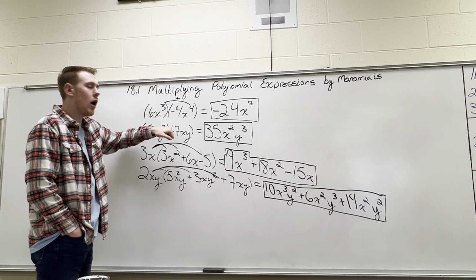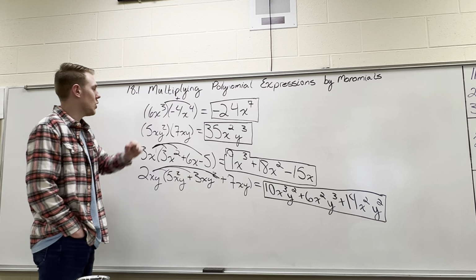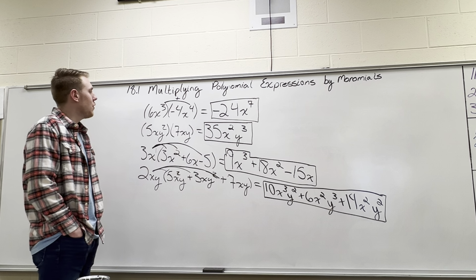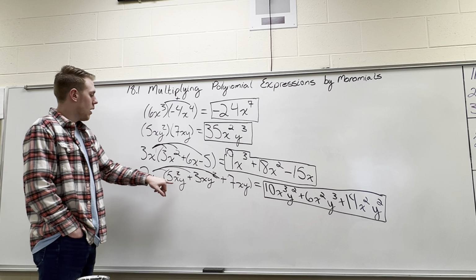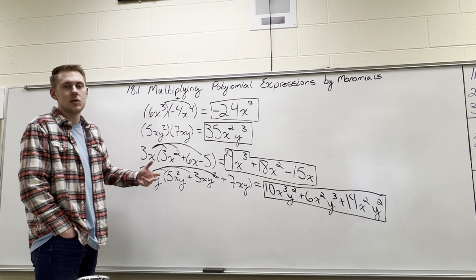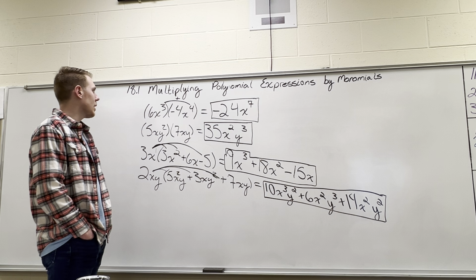You can't do x and y, can't do y and x. Like, no, it's x and x. You add those exponents. The only time that something might change is if you had y and y to the negative 2. If you add those together, what do you get? 0. Therefore, you wouldn't have any y's. Okay? That's the only time something changes.